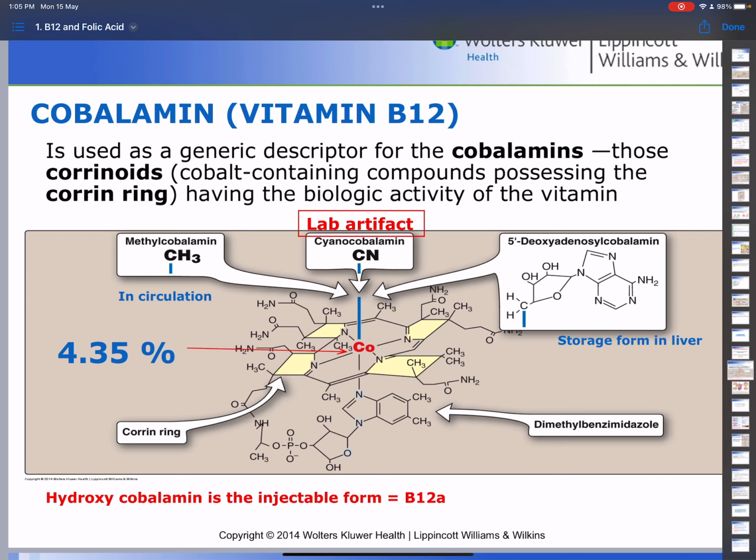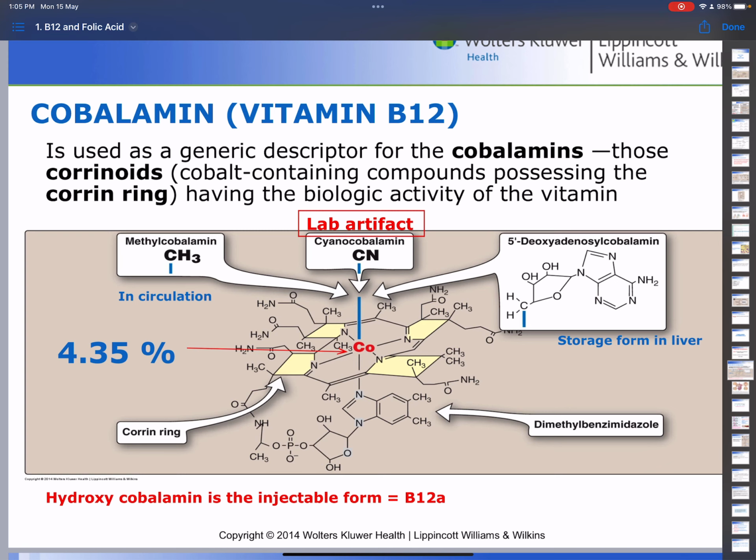What is the difference between them? The difference is in the functional group. But how are they formed? Methylcobalamin is not found naturally in nature, but in the body it's formed, as well as deoxyadenosylcobalamin, because they have specific benefits. For example, this one can be stored in the liver. The other one is in the circulation. So when you measure cobalamin or vitamin B12, you are measuring the circulating one.